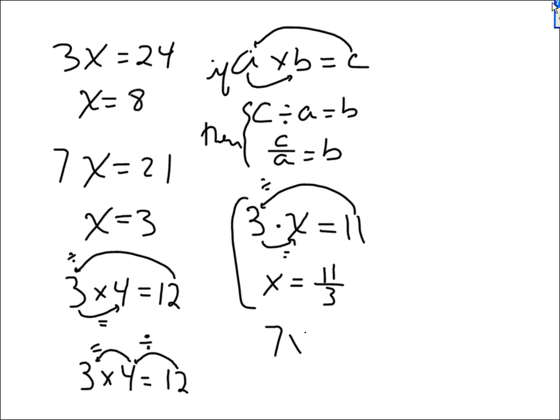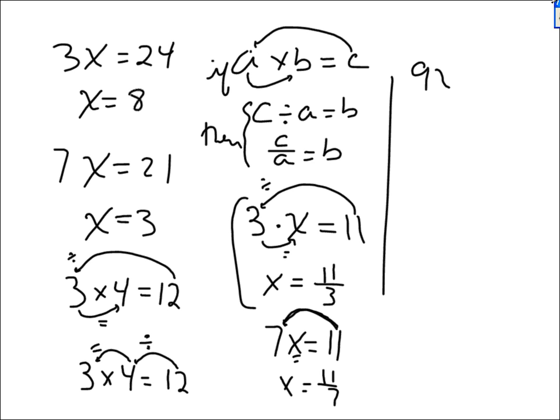Somebody tells you 7x is equal to 11. Well, it's not 7 times 1 or 7 times 2. It's not an integer. So then do this game. 11 divided by 7. That's it. Know this pattern.